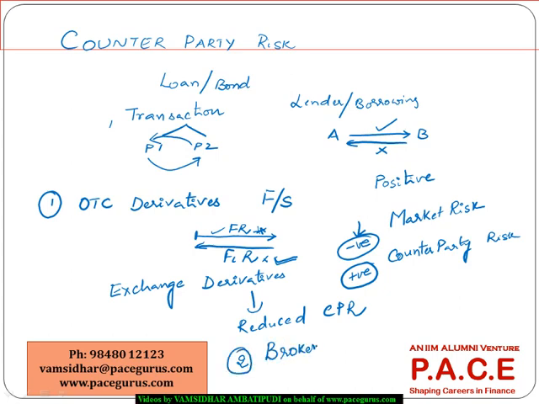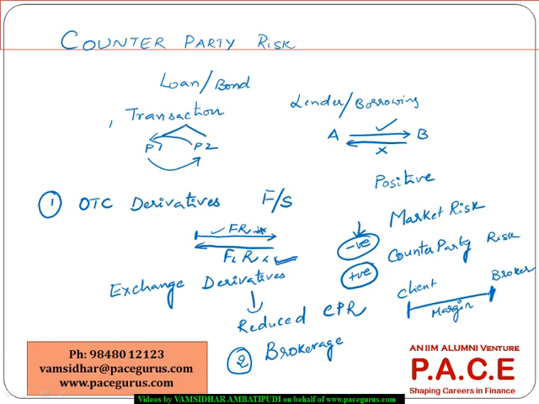So we see counterparty risk very heavily in the OTC derivatives contracts and typically in the brokerage relationships, especially when we talk about a client depositing money with a broker as margin. Client with the broker, let's say some kind of margin deposit is being done for his transactions.